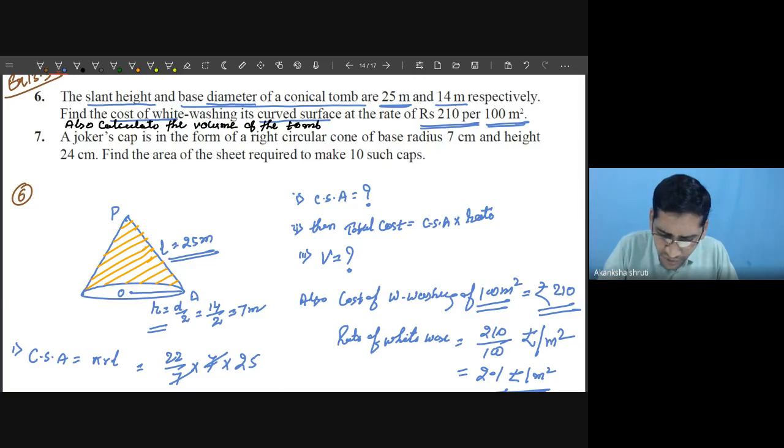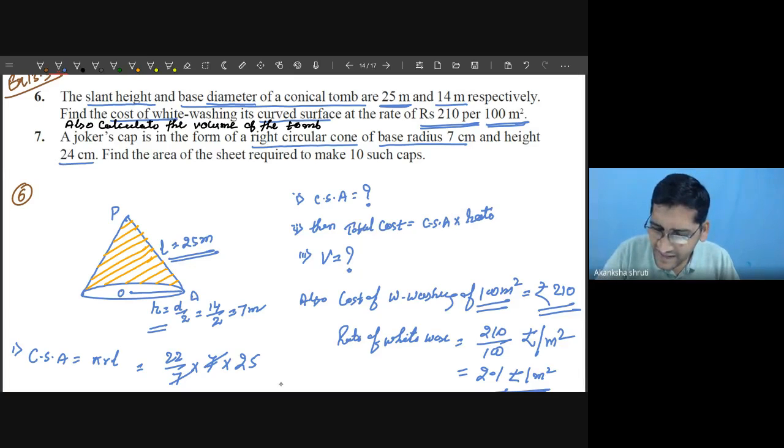A joker cap is in the form of a right circular cone of base radius 7 centimeter and height 24 centimeter. Okay, student? So for this, what do we have?